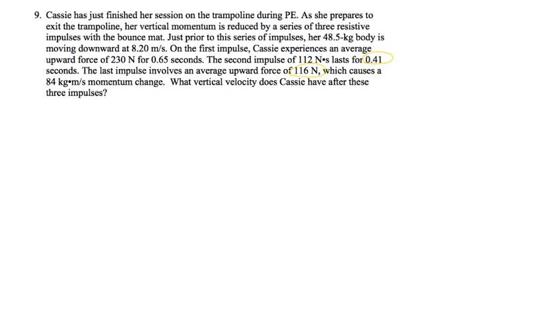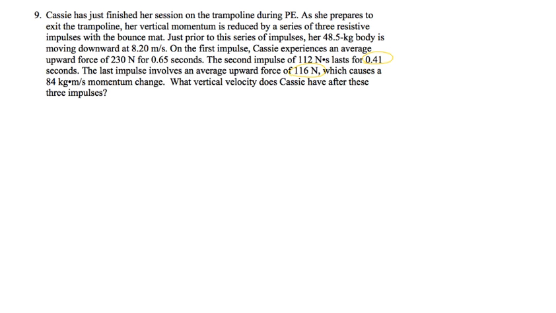Cassie has just finished her session on the trampoline during PE. As she prepares to exit the trampoline, her vertical momentum is reduced by a series of 3 resistive impulses with the bounce mat. Just prior to the series of impulses, her 48.5 kilogram body is moving downward at 8.2 meters per second. So you can call the down direction positive or negative, whatever you want, as long as you're consistent with everything here.